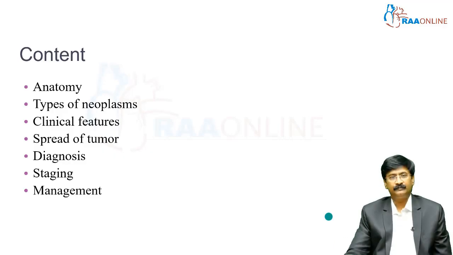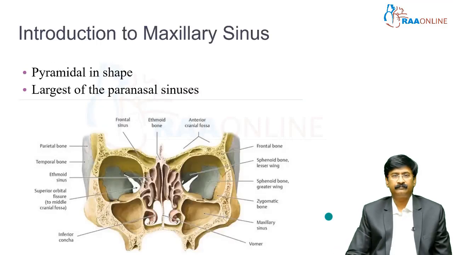So, we have the anatomy, what are the types of neoplasms, what will be the clinical features, how does the spread of tumor happen, and how do we diagnose it, and then we think about staging and management of these maxillary sinus neoplasms.